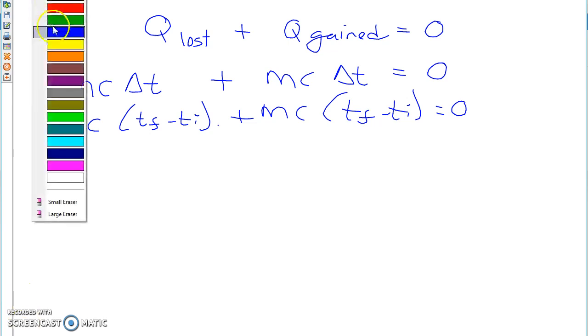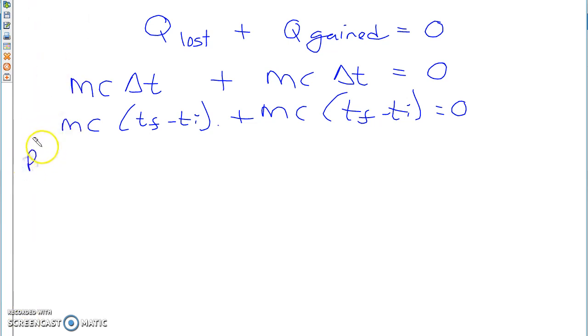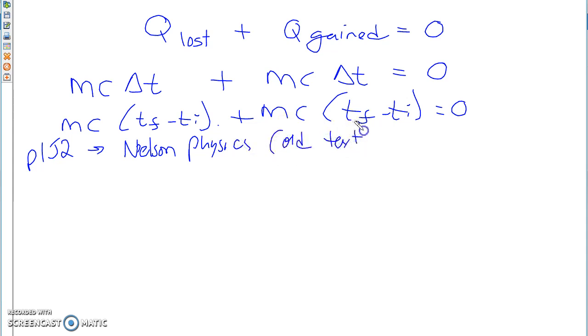So the question is as follows. This is page 152 in the old Physics Nelson textbook. It says a 200 gram piece of iron. So the mass of iron is 200 grams.